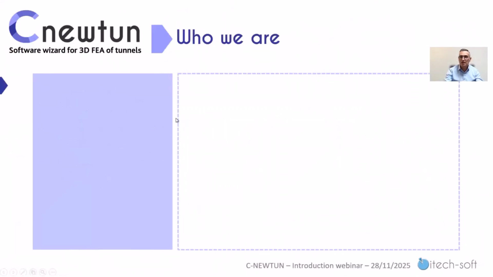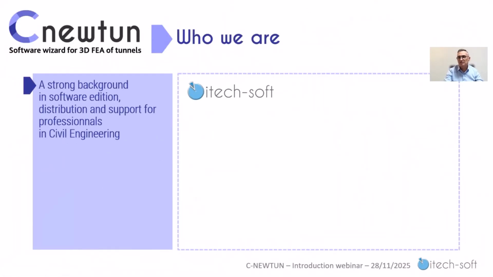So coming back to who we are, iTechSoft is an IT company with a strong background in software edition, distribution and support for all professionals in civil engineering. Next year, we will celebrate our 14th anniversary.